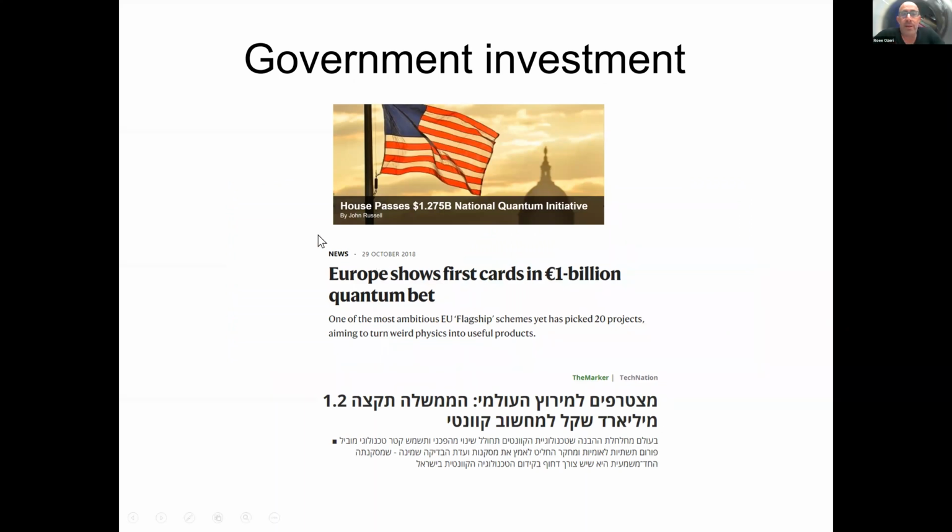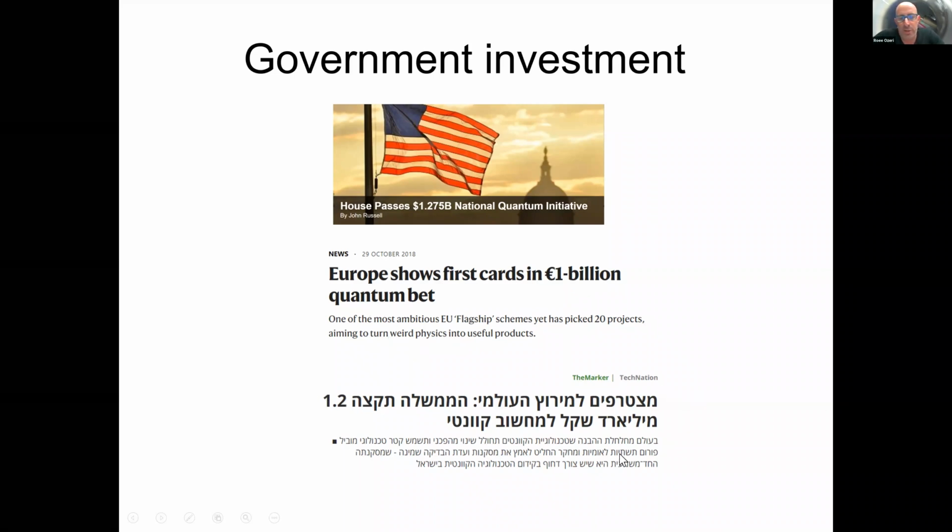Today, there's large attention by governments into making sure that their countries harbor quantum computing initiatives. The US, about a year and a half ago, declared an almost $1.25 billion National Quantum Initiative. Europe inaugurated its €1 billion quantum flagship a couple of years ago.